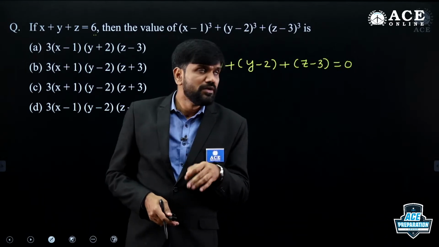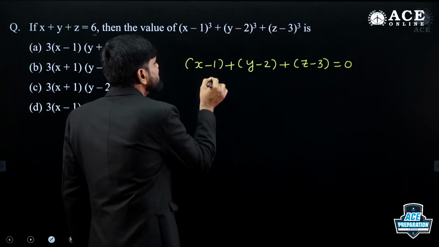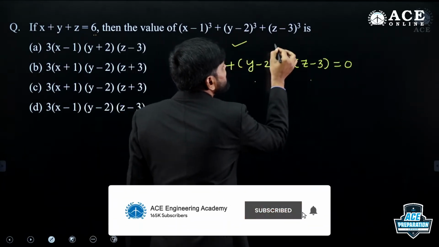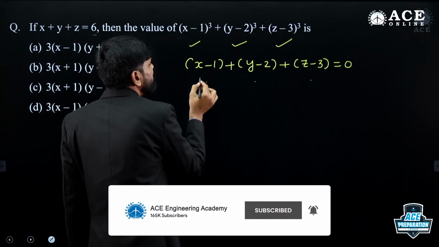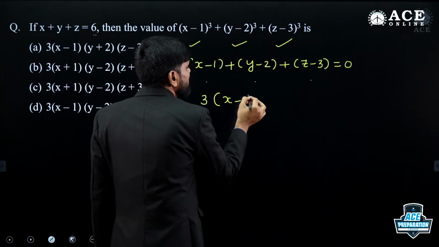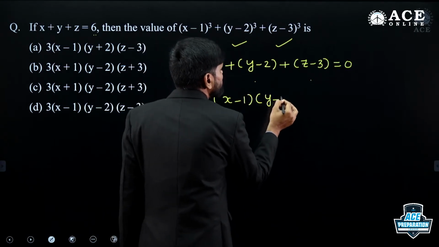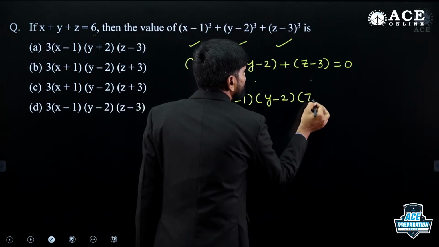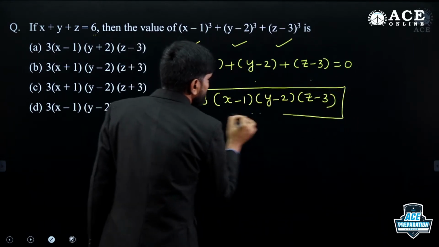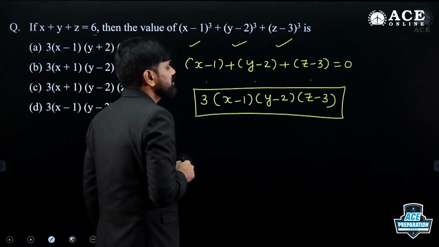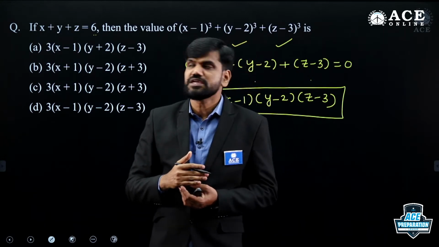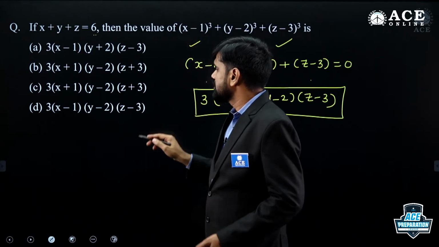As it looks like a plus b plus c equal to 0, a cube plus b cube plus c cube must be equal to 3abc. In place of a I have x minus 1, in place of b I have y minus 2, in place of c I have z minus 3. Hence it should be 3 into (x minus 1) into (y minus 2) into (z minus 3). Hence your answer is option D.